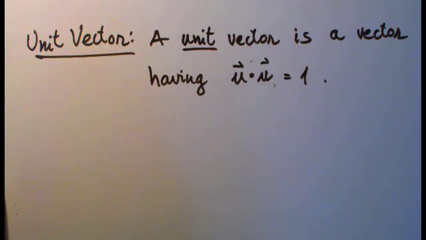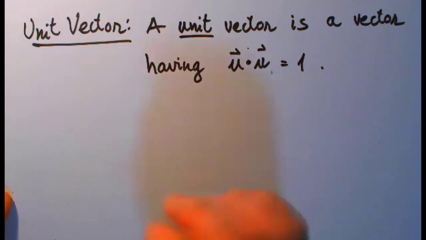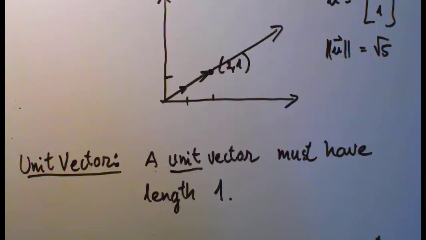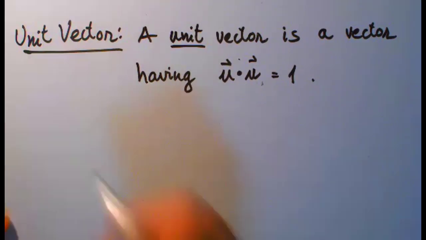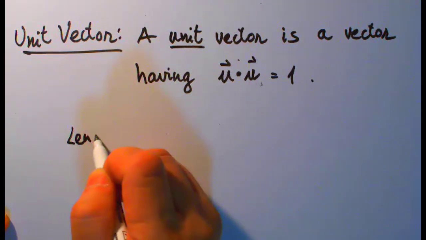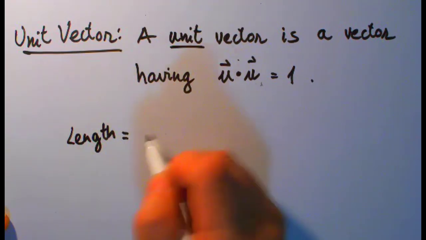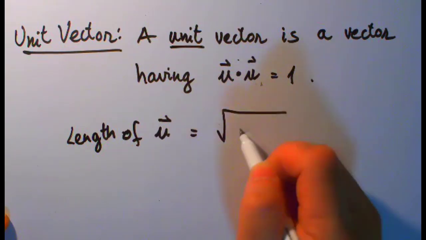Okay, and so why would we define a unit vector this way? Think about it again. Back to the fundamental definition, what we really are looking for in a unit vector is that it must have length 1. And didn't we just define that the length of a vector u is simply the square root of u dot itself?